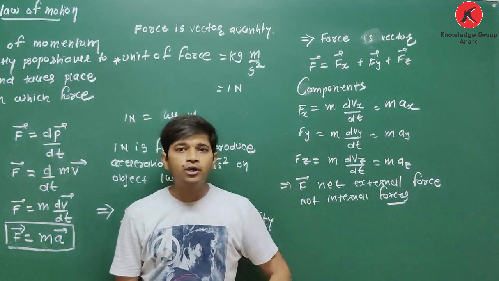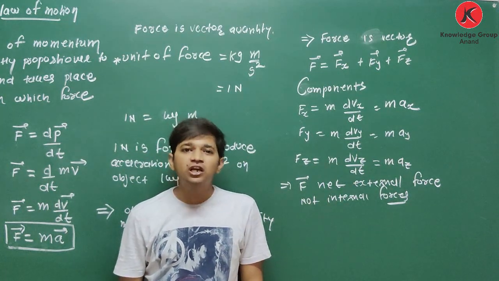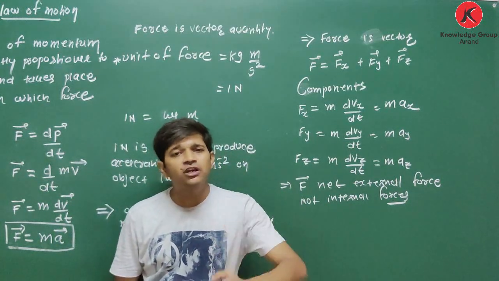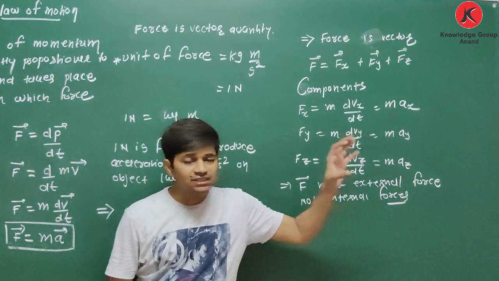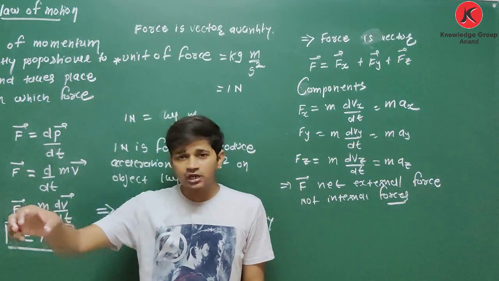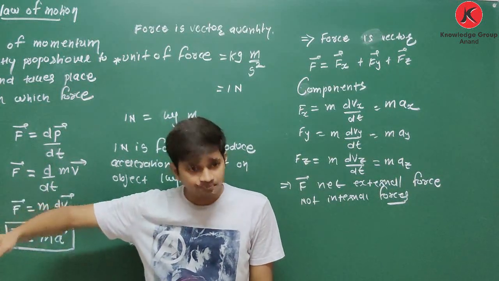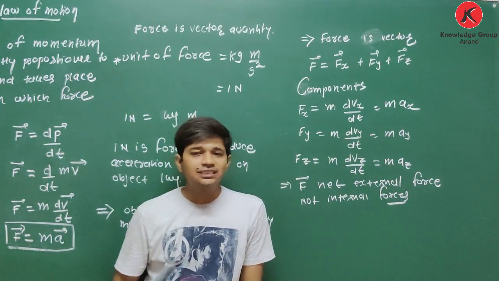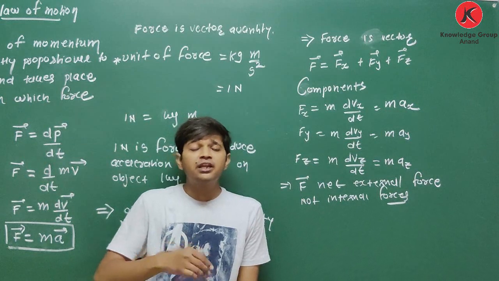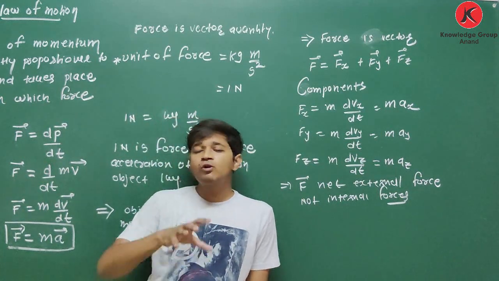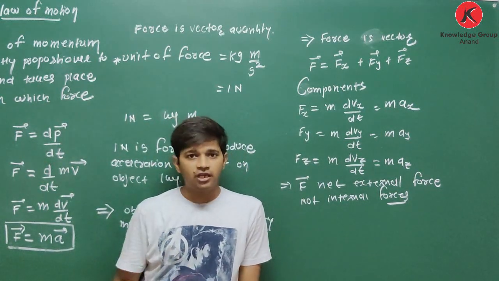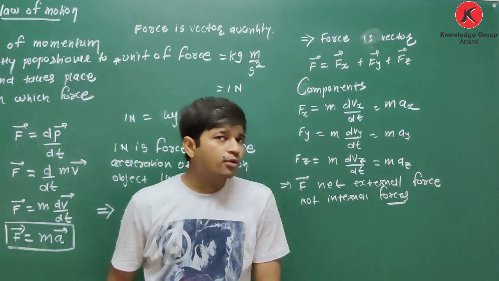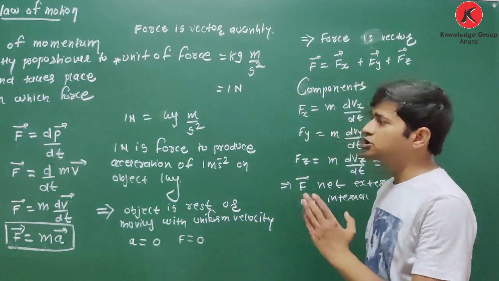If I want to open a door, do I have to apply force on each and every particle? No, I have to apply force only on some particle. If you touch the handle and push it, the door will open or close. So in case of a rigid body, to bring it in motion or to stop, we have to apply force on some particles only. So it is all about Newton's second law of motion.